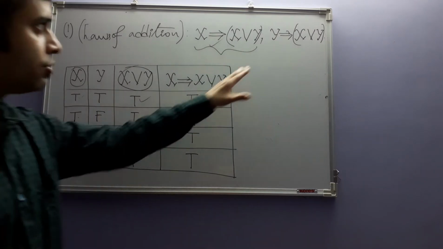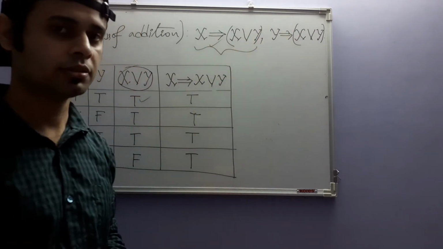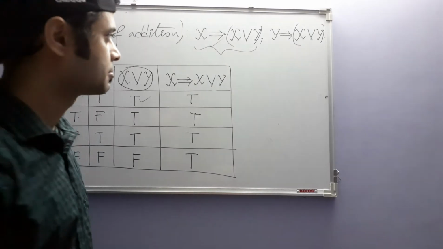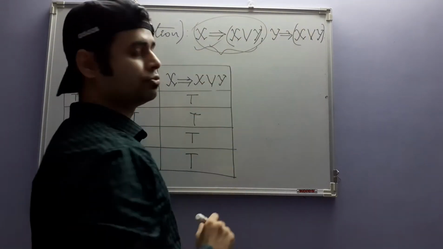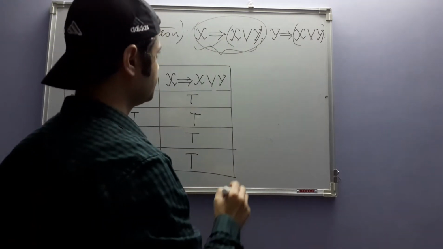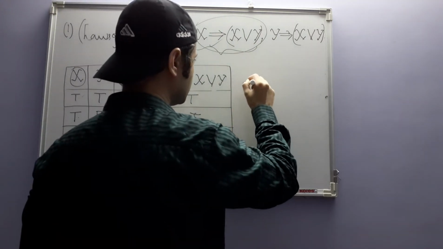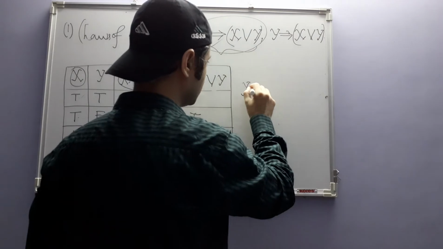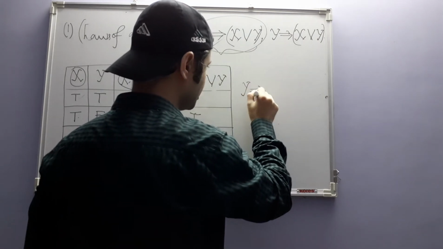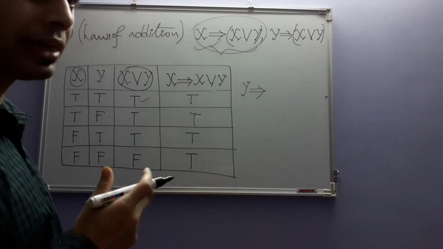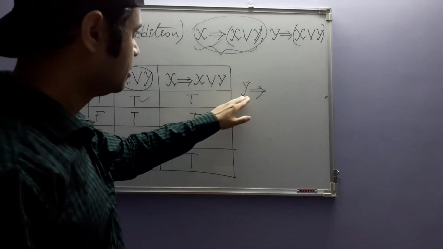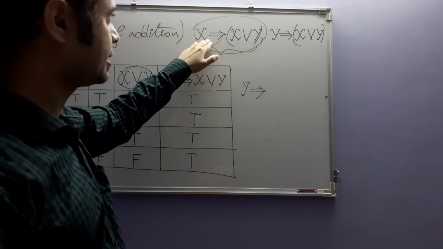Now, how does this one follow from this? You see, suppose we are given this one and we want to prove this one. This may sound somewhat strange, but try to follow me. You think of y as x.